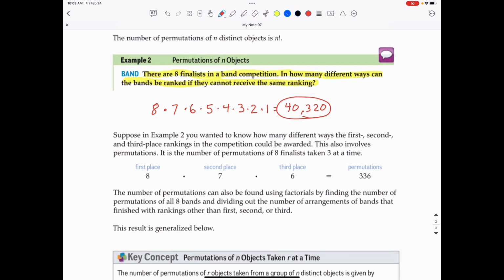We would again take the number of bands that can be chosen for first place times the number of bands that could be second place times the number of bands that could be third place. But the other remaining bands, their order does not matter. So in this case, if we just wanted to rank the first 3 bands, the number of permutations is 8 times 7 times 6, which would be 336.